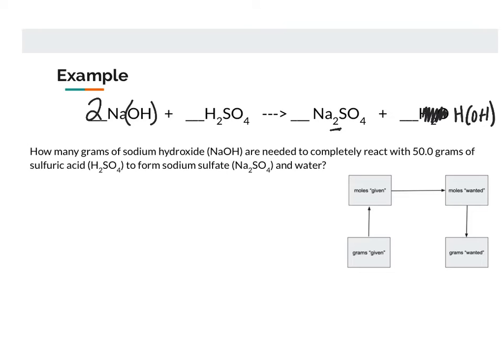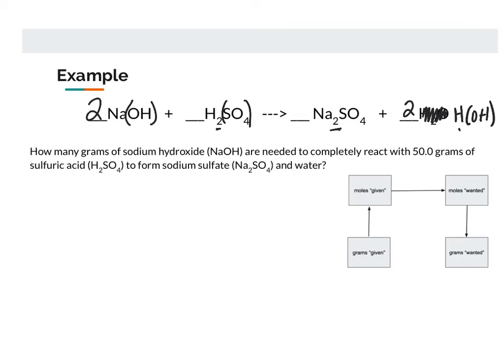I have 2 groups of OH on the left side, so I'm going to have 2 groups on the right side. Now, when I do that, that 2 also applies to this extra hydrogen. So I have 2 extra hydrogens on the right side, and 2 extra hydrogens on the left side. And then last but not least, my sulfate. Remember, SO4 is a polyatomic ion, so we keep it together.